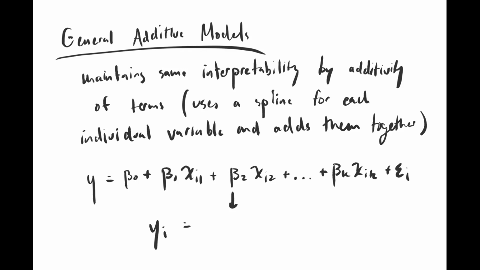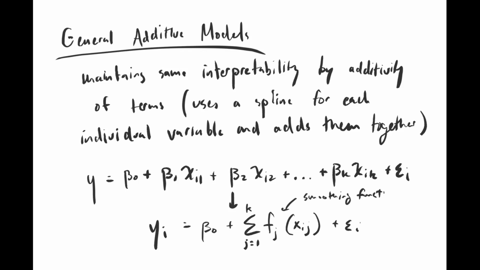So our yi, in this case, we still have an intercept, and now we have this smoothing function here, which is essentially additively modifying each of my explanatory variables into splines if I so choose.